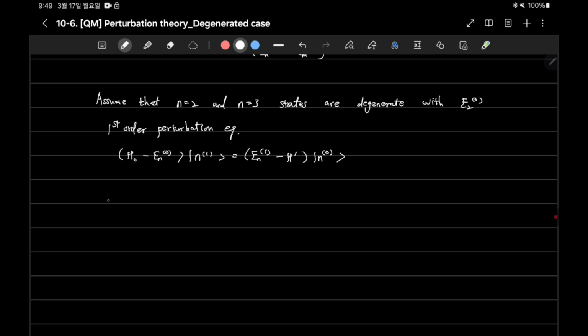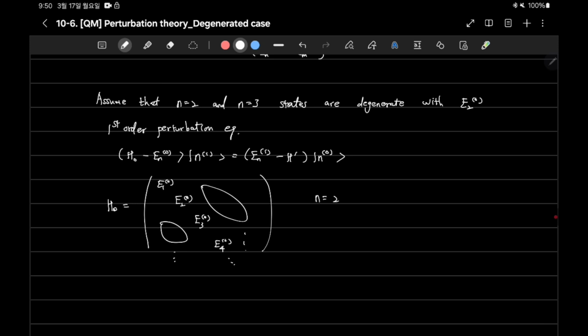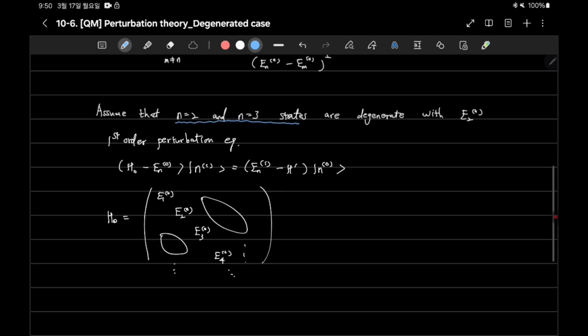Here H0 is diagonalized, with well-defined energy eigenvalues E10, E20, E30, E40 like this. It is diagonalized, and we should note that the n equal 2 and n equal 3 states are degenerate.